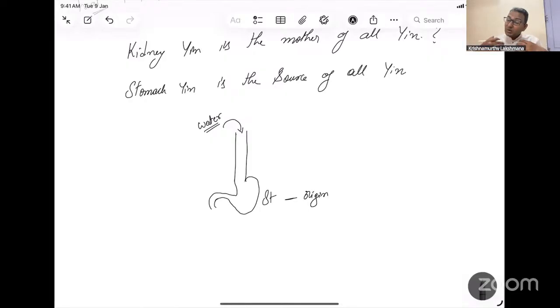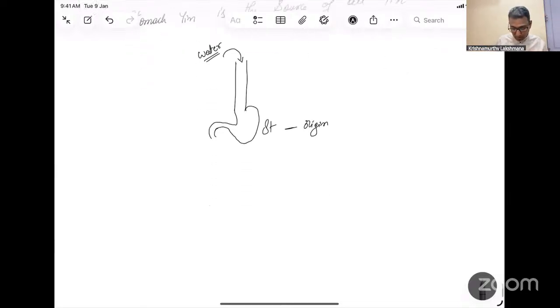But after the water comes and collects, the water is distributed to all the organs.